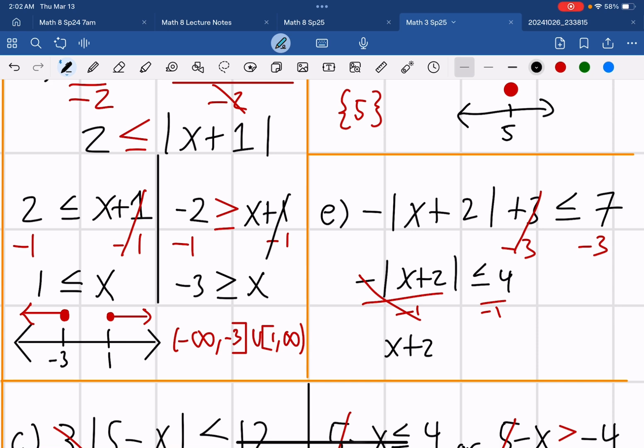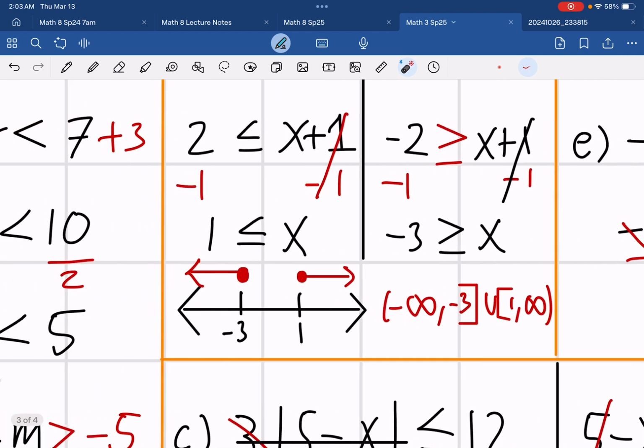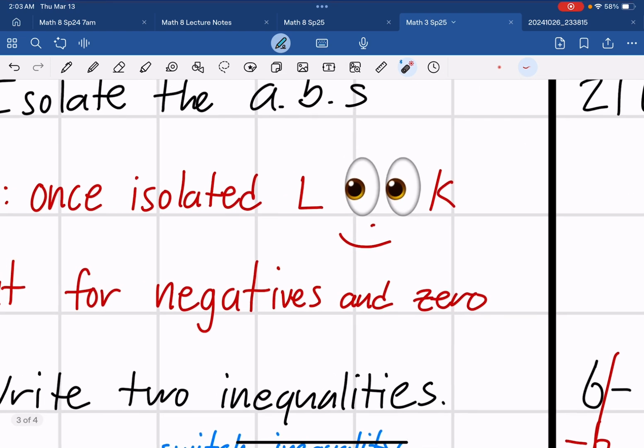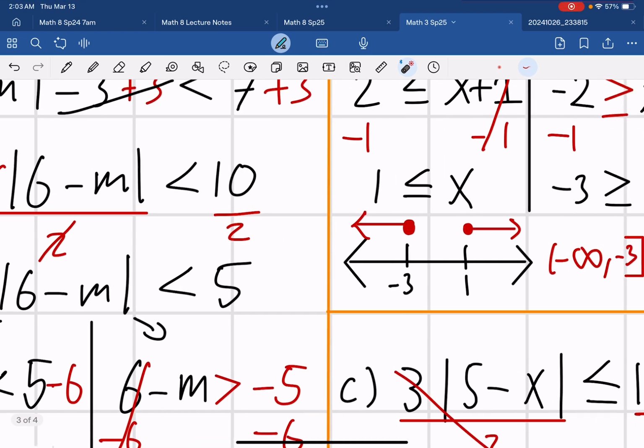The inequality is going to become bigger. And then 4 divided by -1 is -4. But don't forget, I'm still inside these absolute values. Now it's isolated. But if you notice, on the opposite side, there is a negative, and I did say, look out once isolated. Look out for negatives and 0.